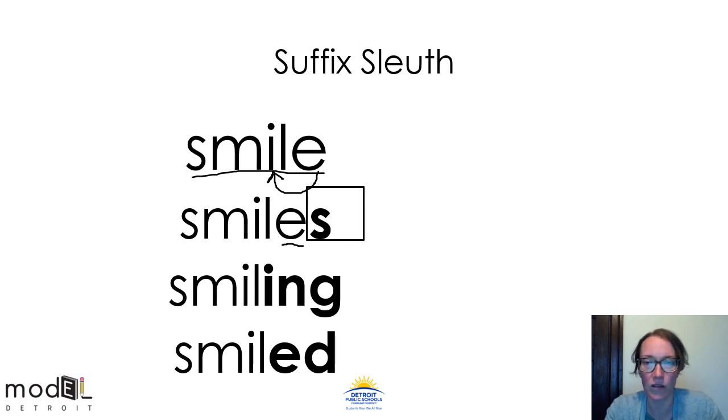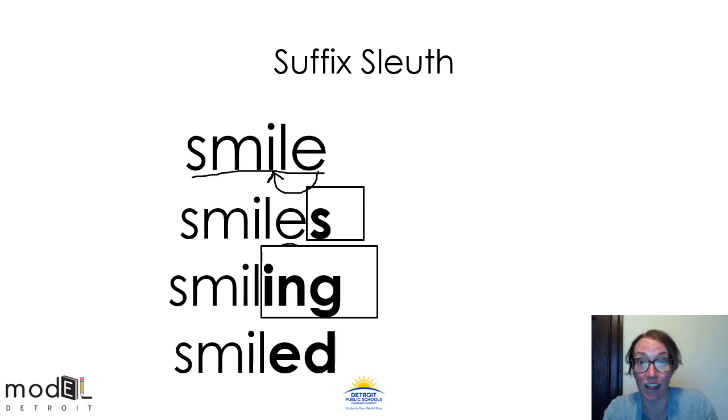Look at the next word, smiling. Do you see the suffix? Ing. The suffix ing begins with a vowel, and if I look at the base word smile, the magic E has become invisible. It still says smiling with that long I in smiling, but we can't see the magic E. Look at the last one. Do you see the suffix?